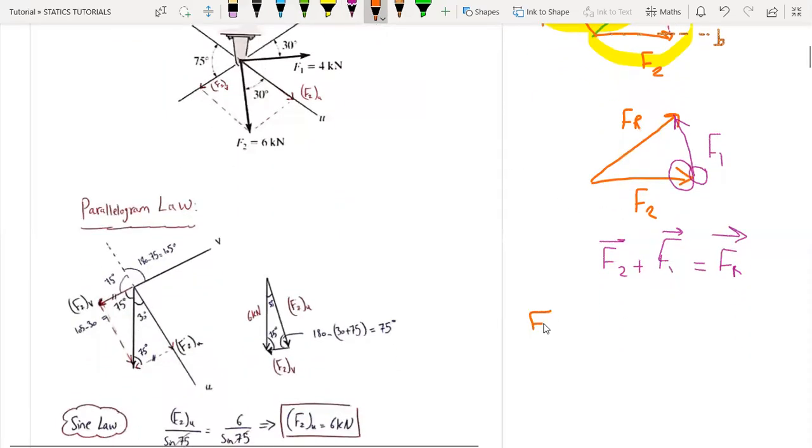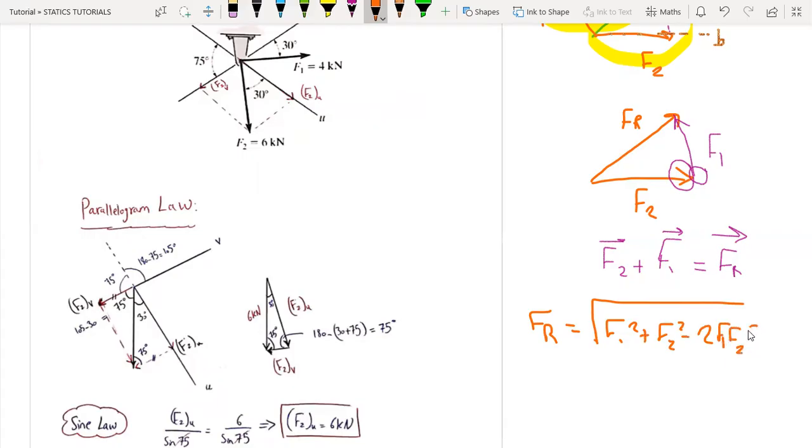Which say that if we want to find Fr, the magnitude of the resultant force, it will be equal to the square root of F1 squared plus F2 squared minus 2 multiplied by F1 multiplied by F2 cosine the angle between F1 and F2, which is, let's say, theta R. Here the angle is theta R, which is the angle between F1 and F2, and here it is theta 1 and here it is theta 2.